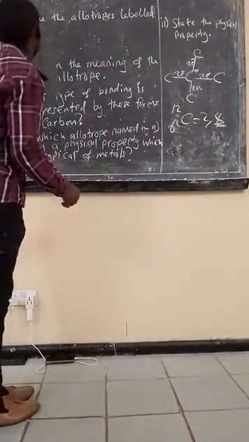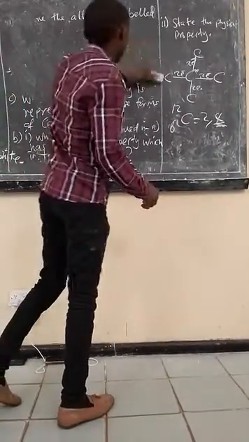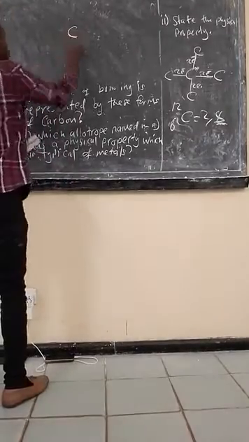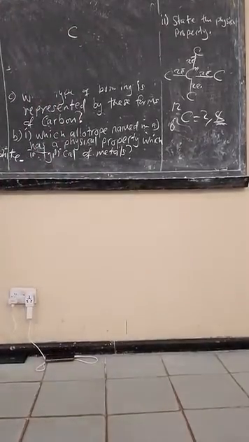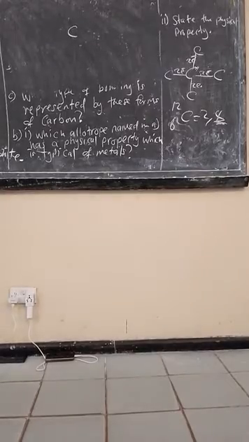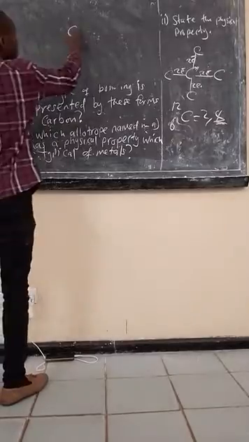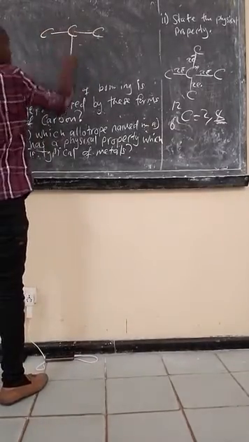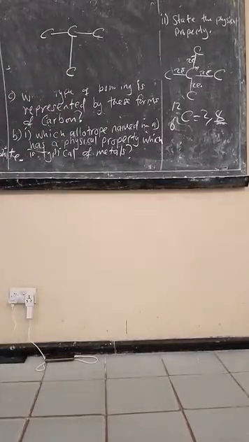In the same way, I'm going to present graphite. We say we have a carbon. Now for graphite, each carbon has how many lines? 3. So we have this one connected to this carbon, this one connected to this one, and this connected downwards.